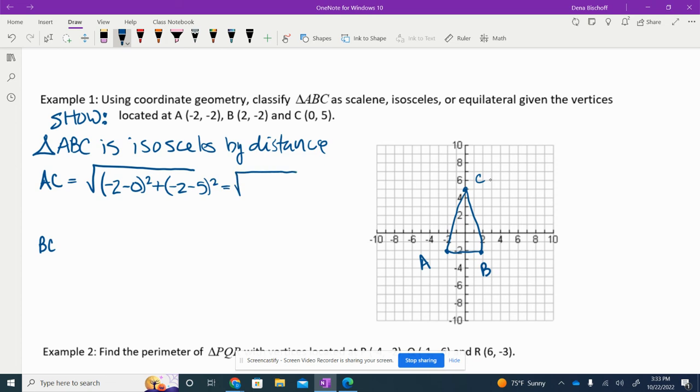Well, negative 2 minus 0 is negative 2, squared is 4, plus negative 2 minus 5 is negative 7, the quantity squared is 49. So this has the square root of 49 plus 4, which is 53.